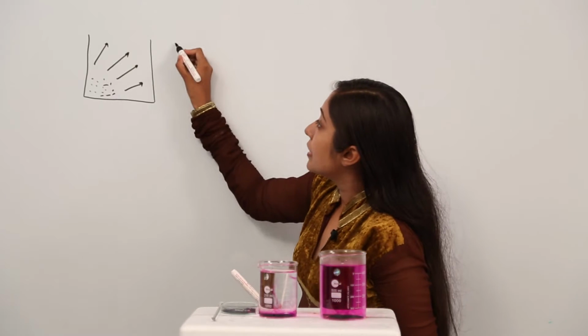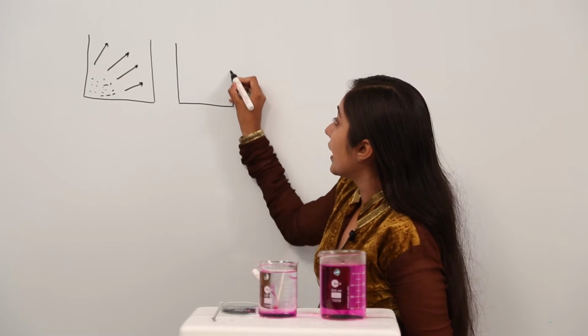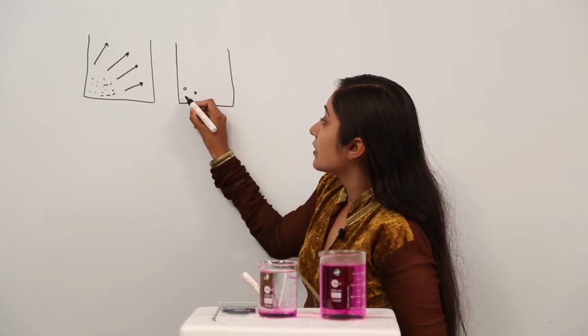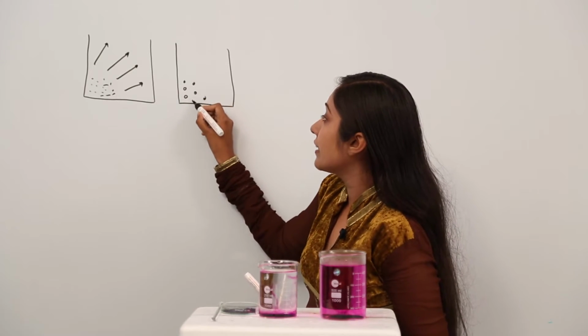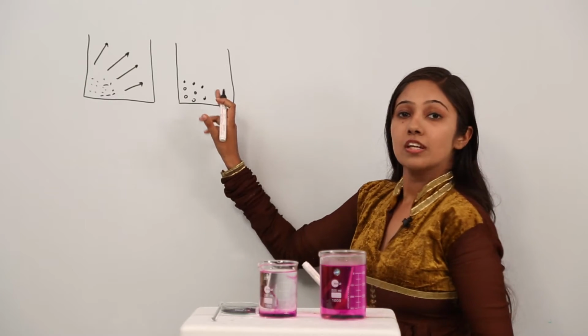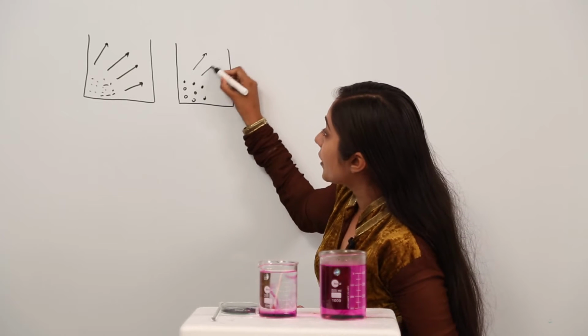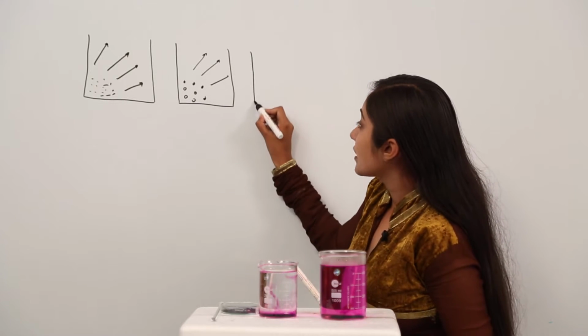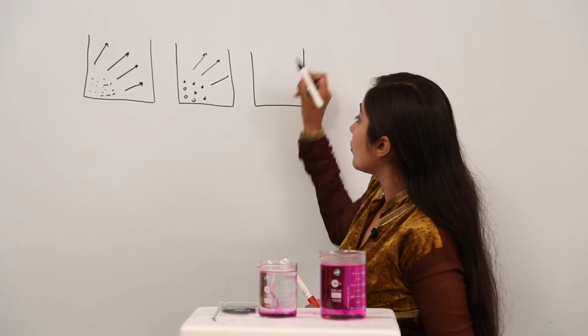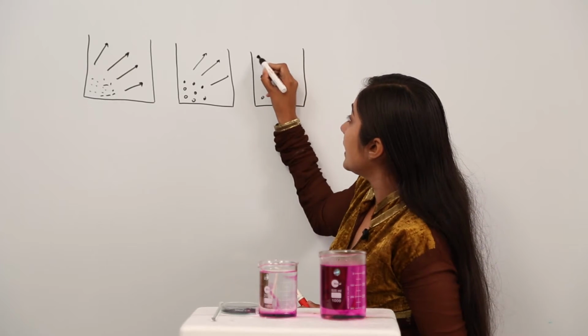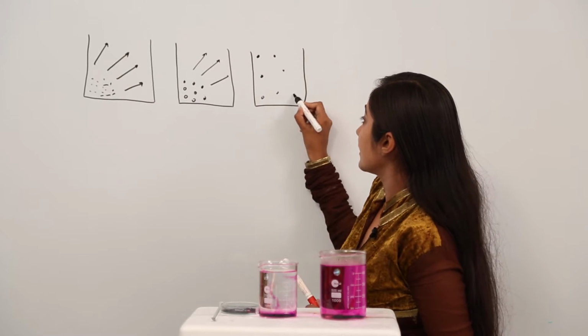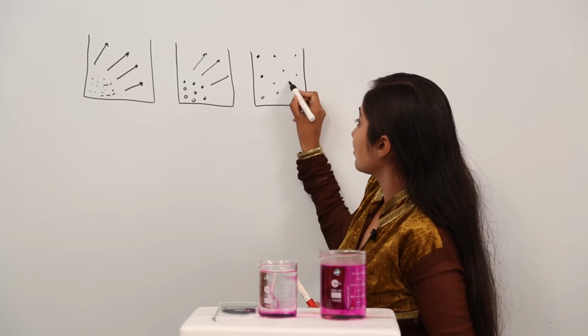After some time, if I demonstrate this with the help of molecules, the molecules are more in number at this side, at the region of the higher concentration. Slowly they are going to spread. Slowly the molecules are going to spread evenly in the entire beaker containing water.